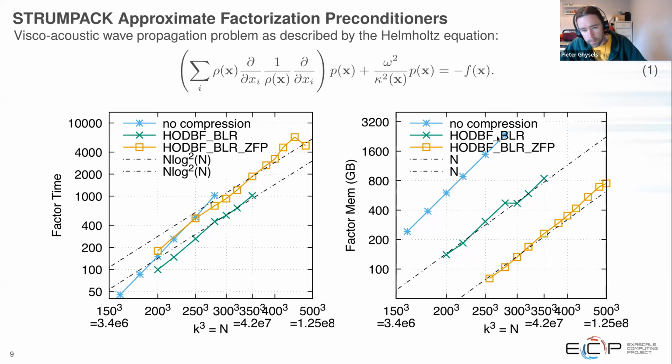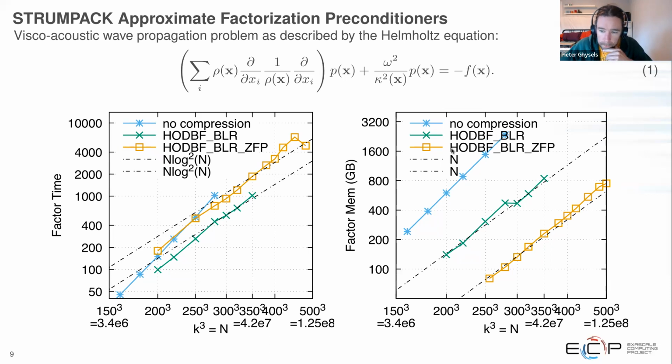But by then applying compression to the sparse L and U factors, we can drastically reduce this memory requirement and also asymptotically reduce it to linear scaling of the memory. So the green line here uses a combination of both block low rank and hierarchically off-diagonal butterfly compression.